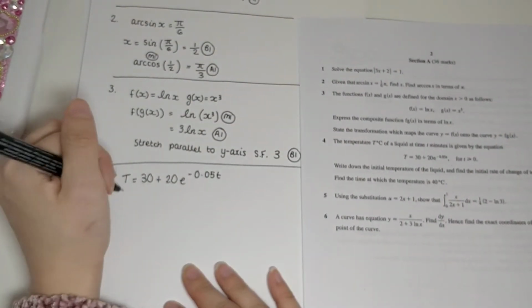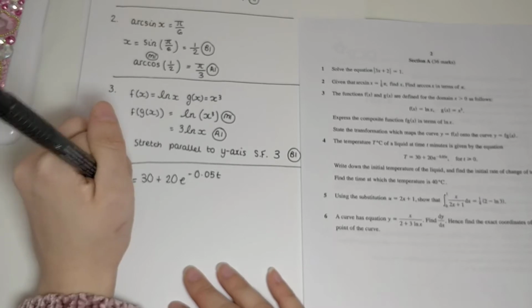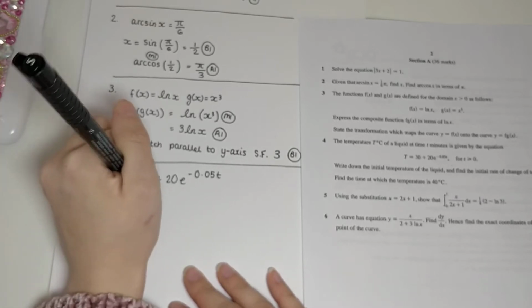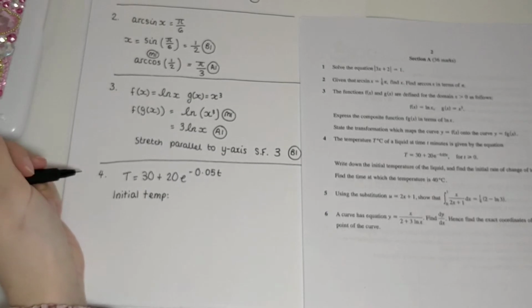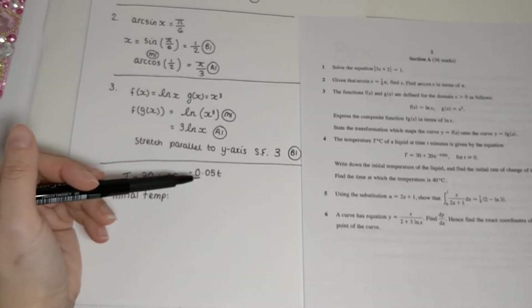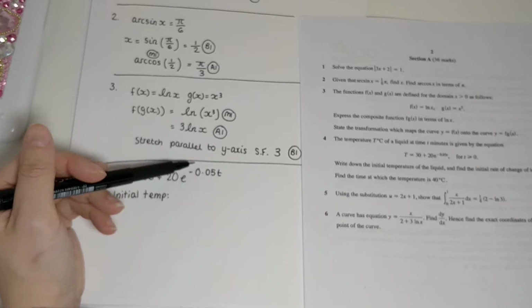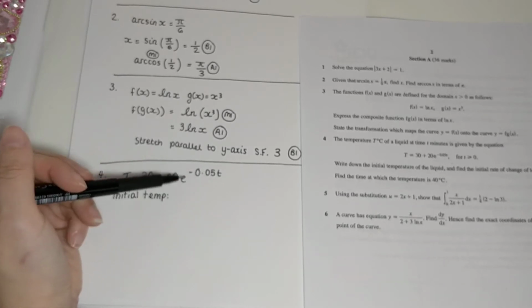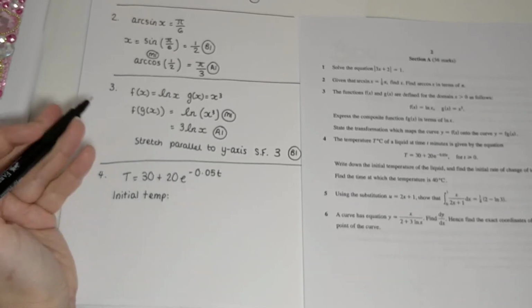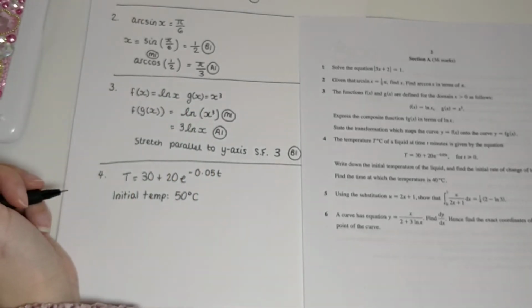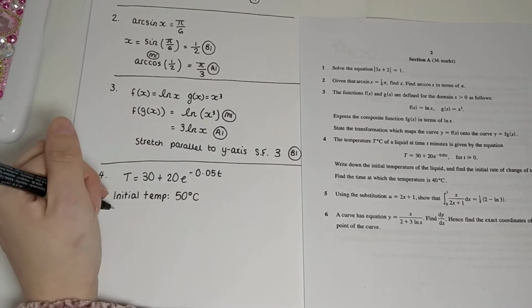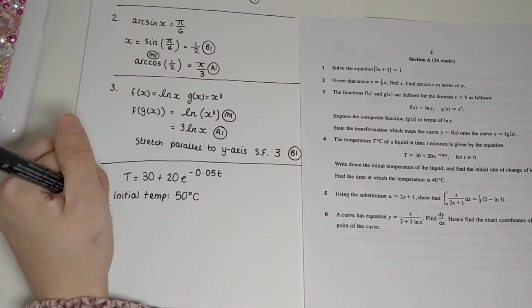Initial temperature. It says write down, so I don't need working out. Initial means when the time is 0. So if the time here was 0, e to the 0 makes 1. 20 times 1 is 20, so that would be 50. And then initial rate of change.